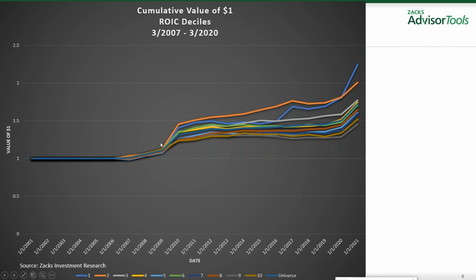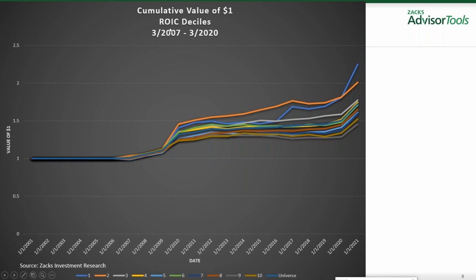And we're picking the top deciles or separating each of those deciles and testing how each decile performs over time. And so, as we would expect, the top two deciles, so the top 20 percentile of companies in terms of ROIC, have clearly separated themselves away from the pack.